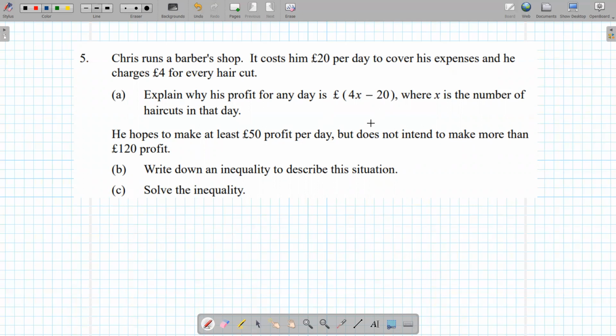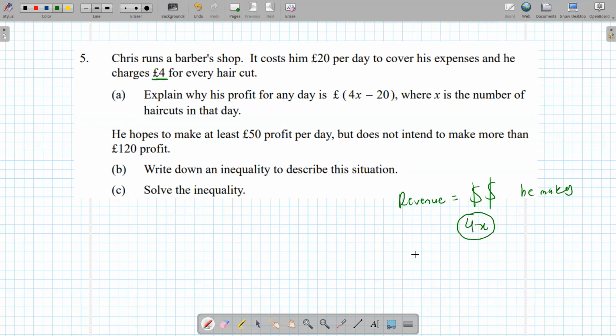What is profit? The money he makes. Mathematically, there's three things. There's something called revenue. Revenue is the total money that he makes. So revenue for him is going to be, he charges $4 for every haircut, so 4x is his revenue.